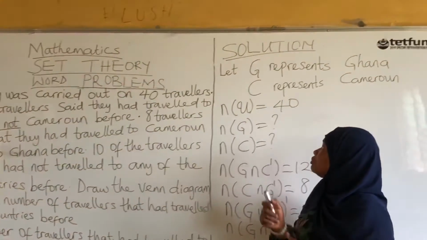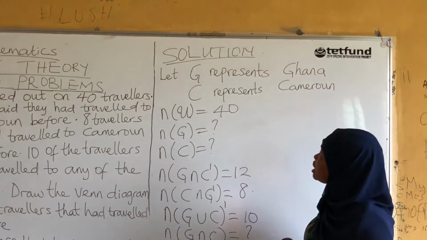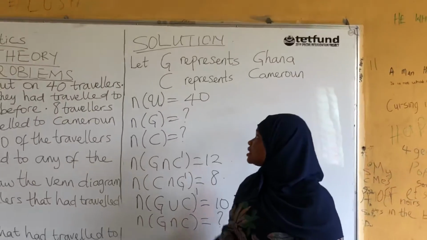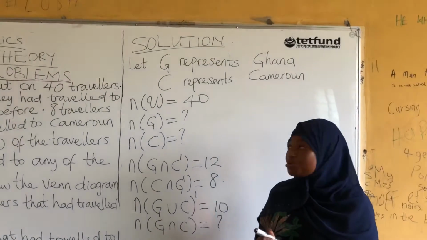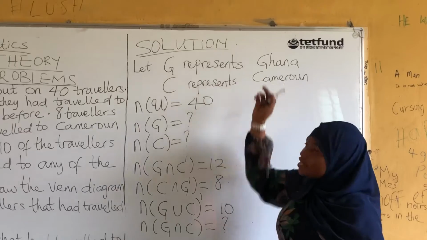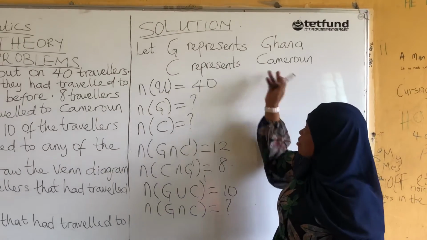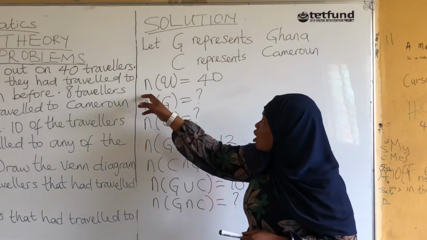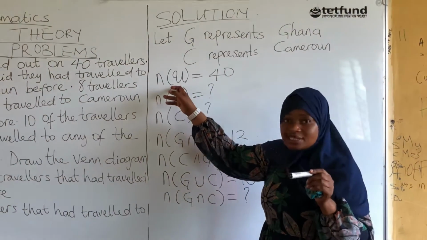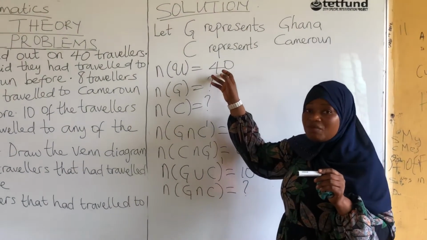So, solution now. The first thing that we have to do is represent those keywords, that is Ghana and Cameroon. So let's use G to represent Ghana and C to represent Cameroon. The number of all the travelers, that's the cardinality of the universal set, was given to be 40.